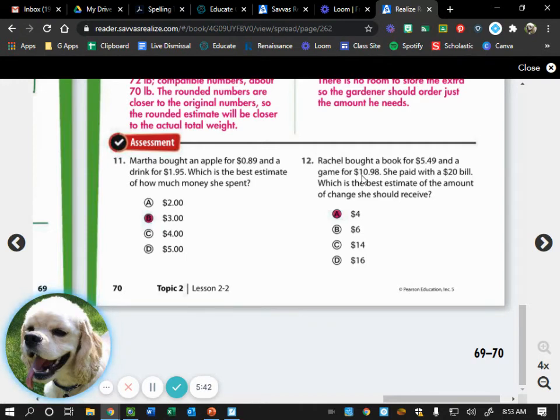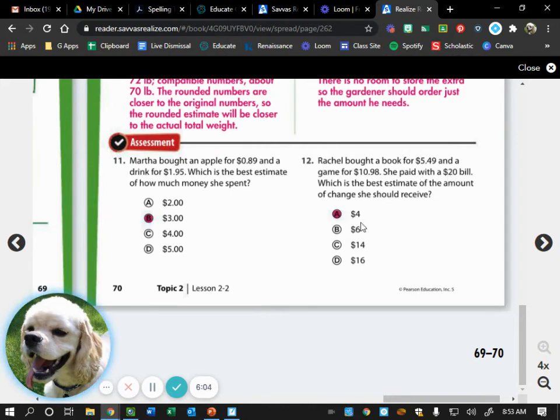could have been, let's see. Did anyone round this to $11? Okay. Did anyone round this to $10? Okay, if you did 11, then that would have been 11 plus 5. That would have been 16.